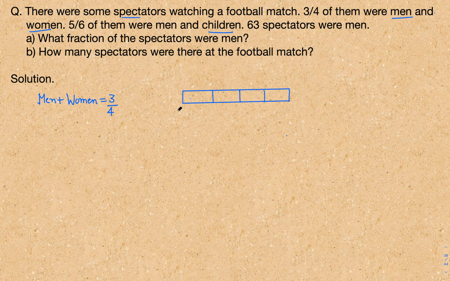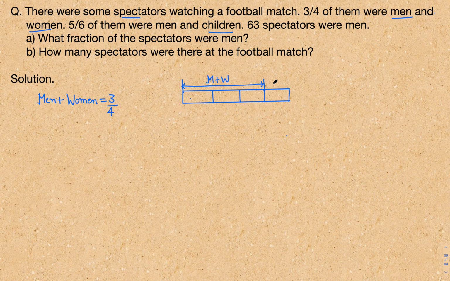So we have divided the total number of spectators into 4 equal parts, and out of 4 parts, three parts are men plus women. So we can show it here like this. This whole thing is men and women, so let's write M for men and W for women.